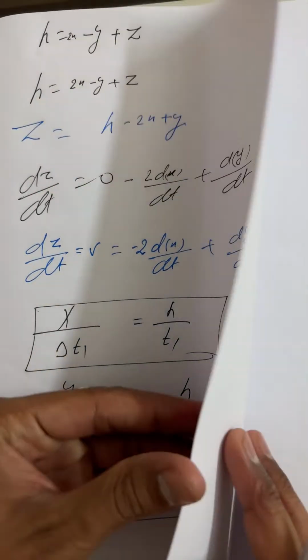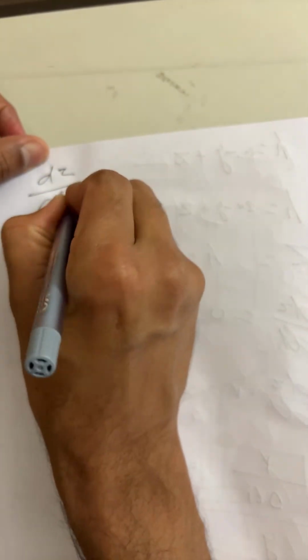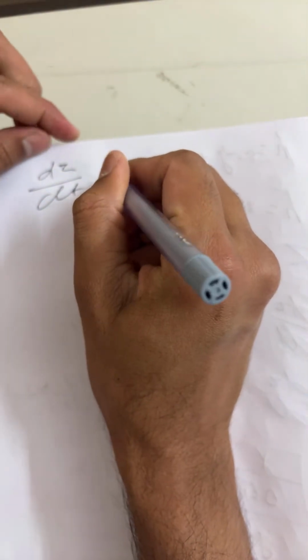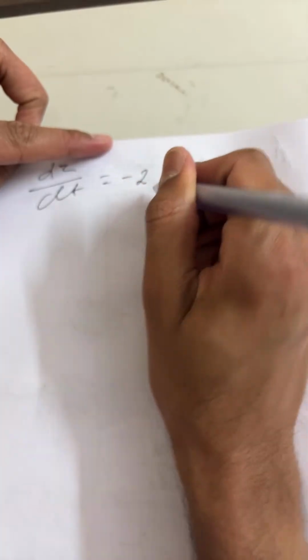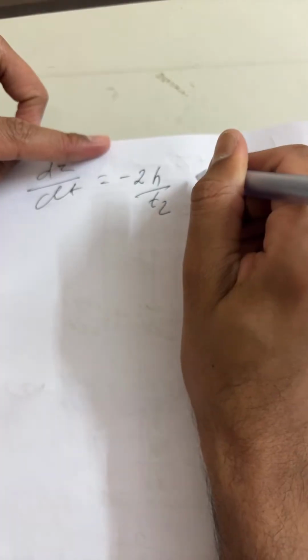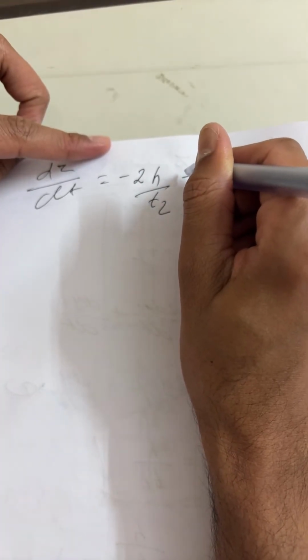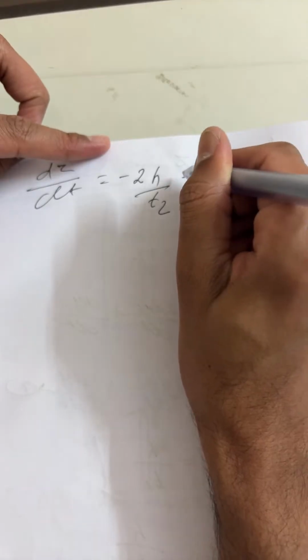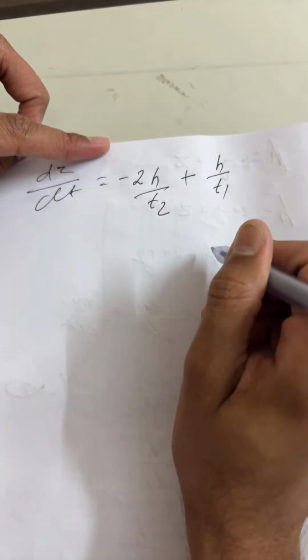So further, you can write dz by dt, which equals minus 2 into h upon t2 plus h upon t1.